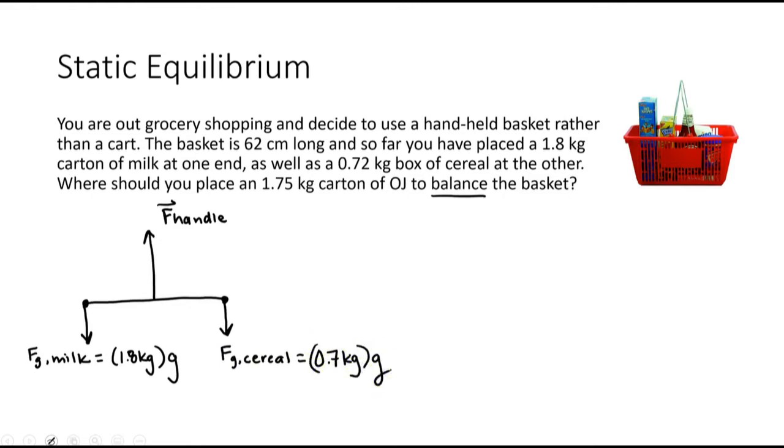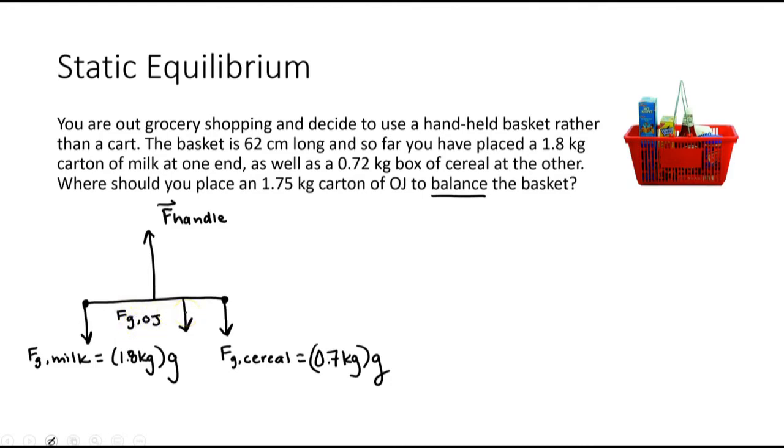Okay, and so now we want to know, where do we place the orange juice to balance the basket? All right, so looking at the situation right now, I have a heavier object on the left-hand side of the basket than on the right-hand side, so I'm going to guess that it should be somewhere on the right-hand side, but we don't know where. So I'm just going to go ahead and draw it in over here and say that this is going to be FG of my OJ.